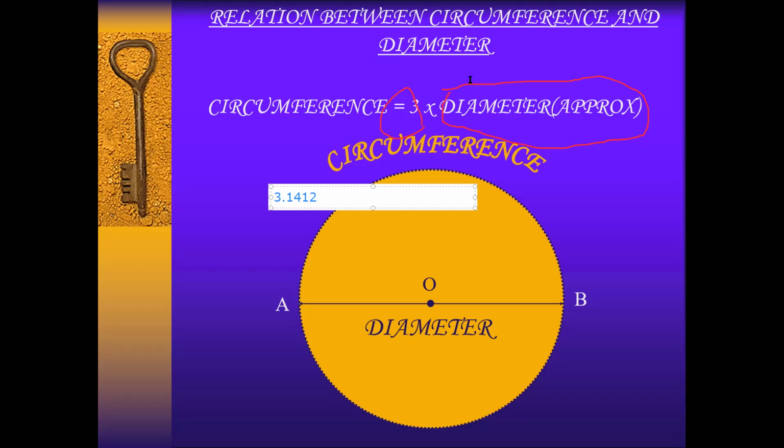But in this case, just for understanding, they have approximated it as 3. Actually it is 3.1412, but as an estimate, you can round it off to 3 to have a rough idea of what the circumference would be.